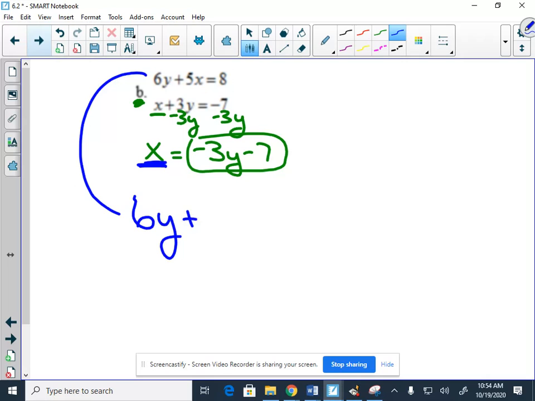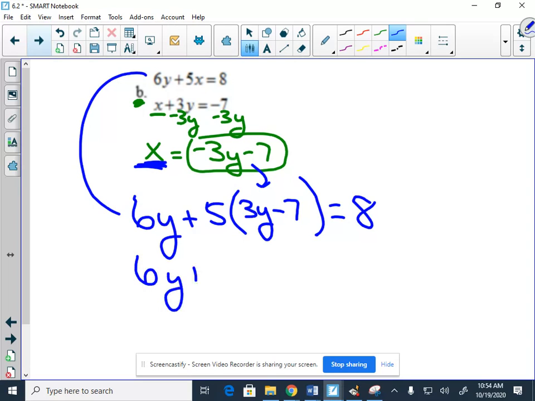So you go 6y plus 5x equals 8. The reason I took x out is because x is what I'm going to substitute for. So instead of x, I now replace it with what I figured out, negative 3y minus 7. Now this is a little harder algebra that we're starting here. So you now have to take this and you go 6y plus, we'll distribute 15y minus 35 equals 8.